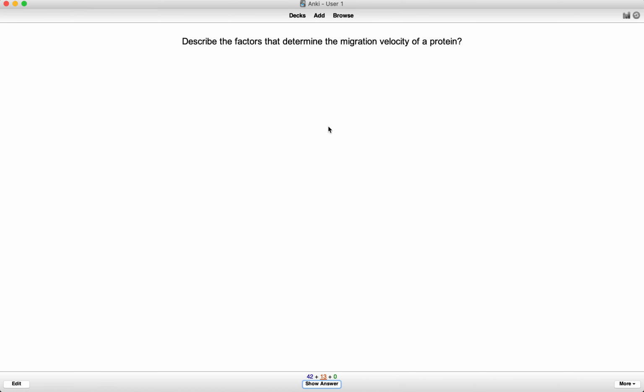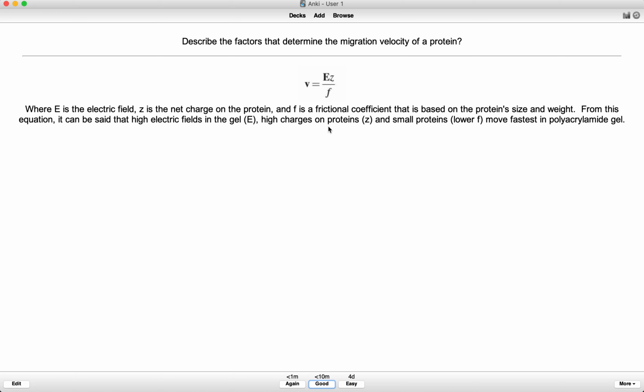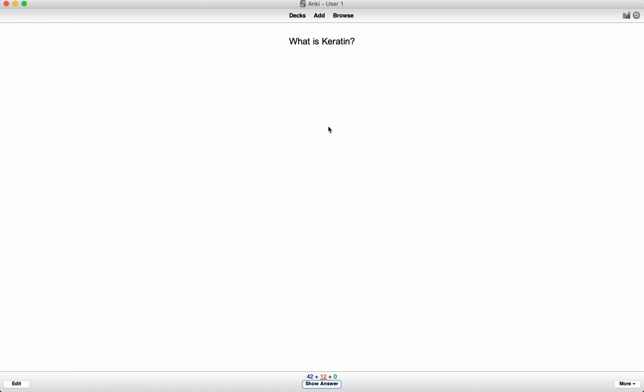So migration velocity is dependent on the equation V equals EZ over F. E is electric field, Z is protein charge, and F is the frictional coefficient. Keratin is a protein associated with the intermediate filaments in epithelial cells.